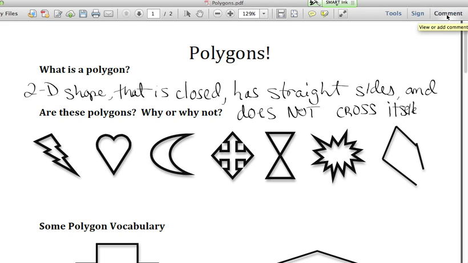Oops, there we go. I'm really good at writing. That's why I chose to be a math teacher, actually. There we go. Does not cross itself.